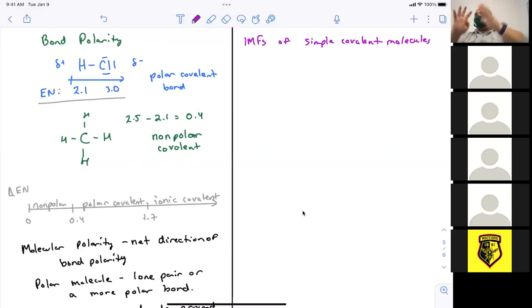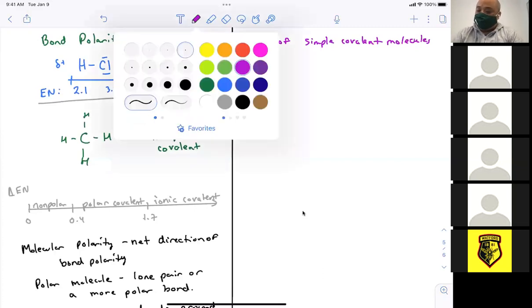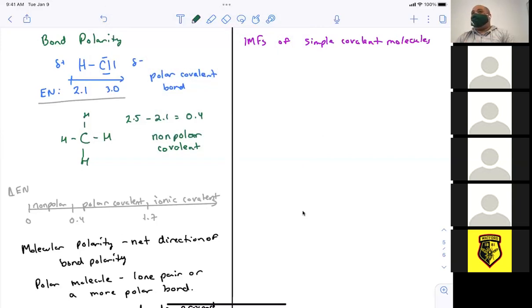So like water is a simple covalent molecule because each water molecule consists of H2O. Or CH4 is a simple molecule. Things that aren't simple are like graphite or diamond because they're one giant molecule. They're not independent molecules of each other. Okay. So once you figure out the molecule's polar or nonpolar, that determines what the strongest IMF that's possible.